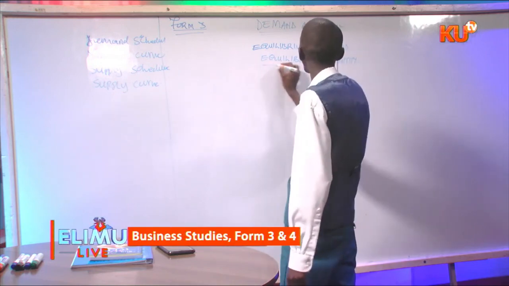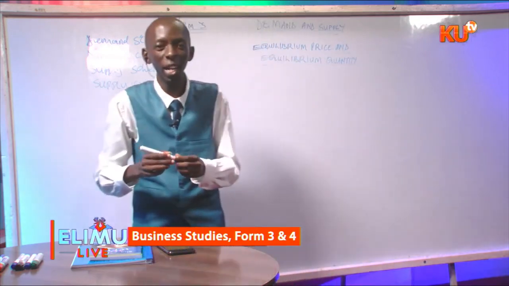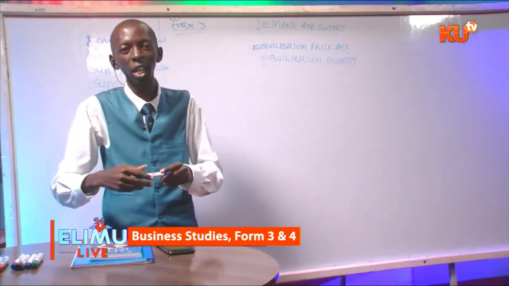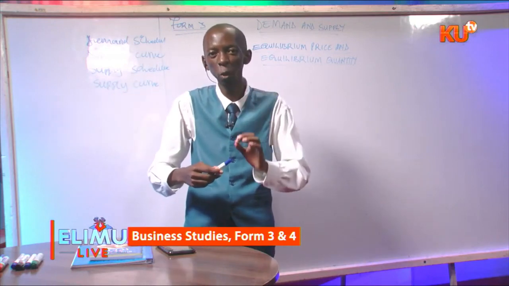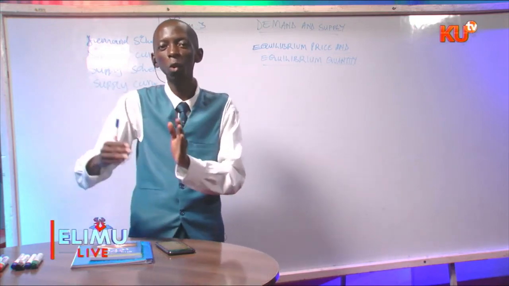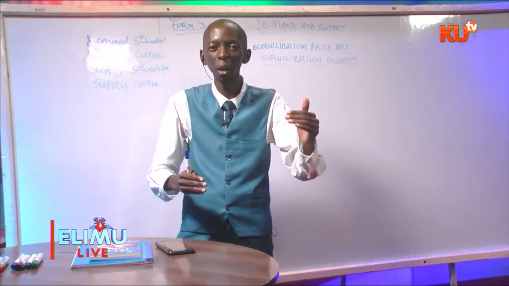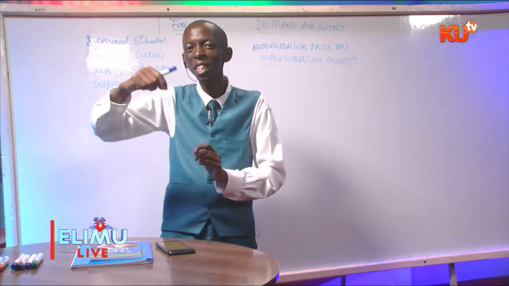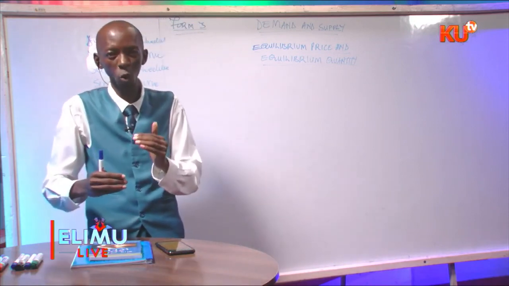The price at which the quantity demanded equates to the quantity supplied, that is what we call the equilibrium price. The price at which the quantity demanded is equal to the quantity supplied, that is what we call the equilibrium price. And that quantity is what we call the equilibrium quantity.